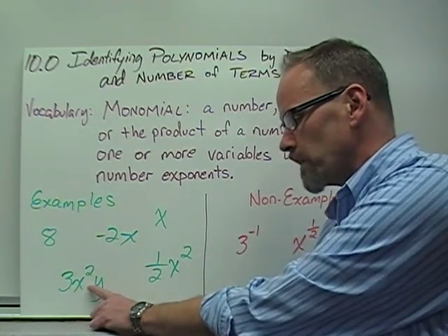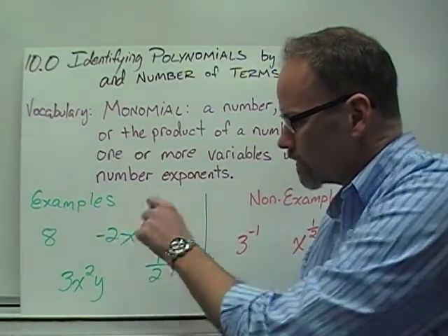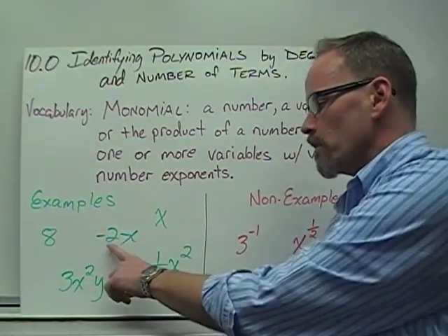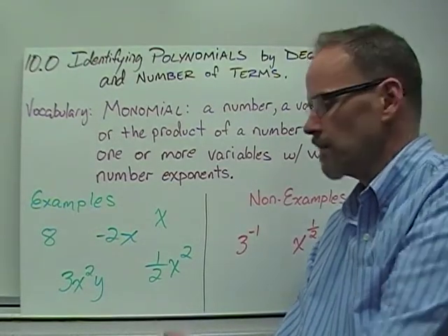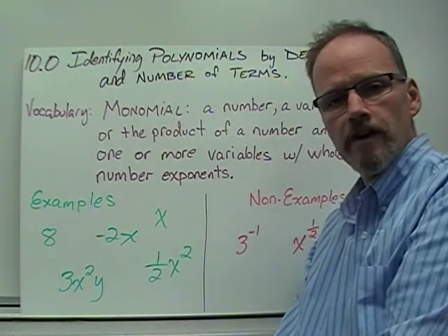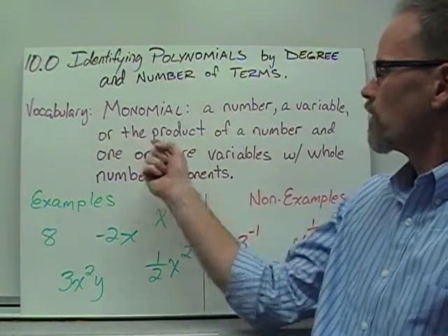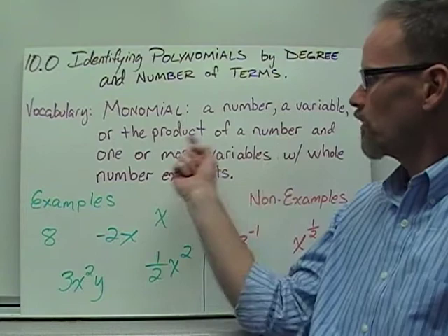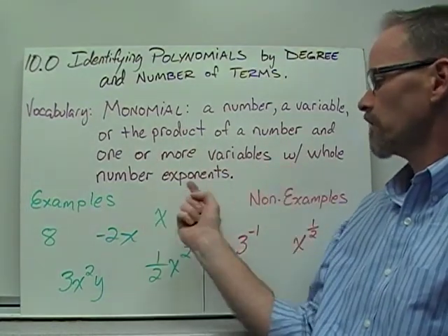So there's two multiplication operations right there. There's one right there. There's one right there. You might remember coefficient. The coefficient is a number times a variable. So a number, a variable, or the product of a number and one or more variables with whole number exponents.